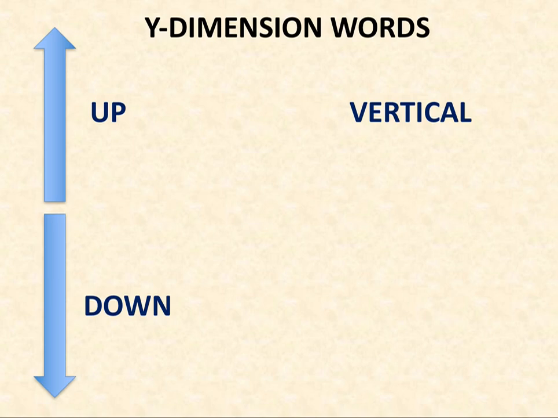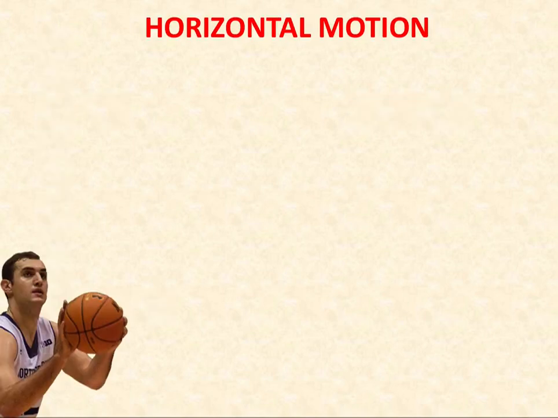All right, we're going to start by looking at a basketball that has been thrown towards the hoop. As it moves, not only is it moving up and down, it's also moving forward. That means that the ball has both horizontal motion and vertical motion. The independence principle says that I can look at each of these separately. So that's exactly what I'm going to do.